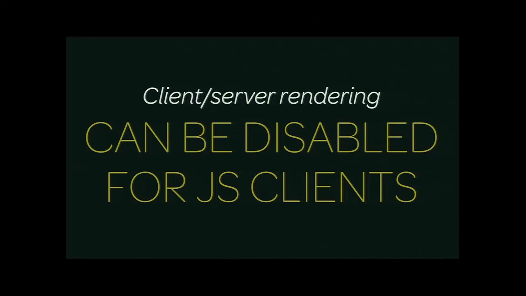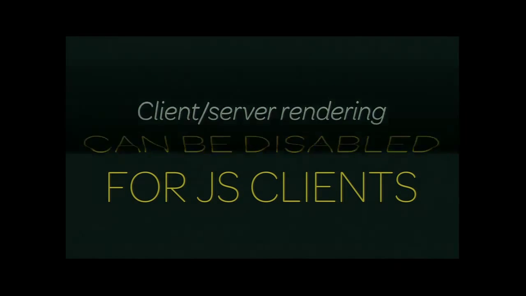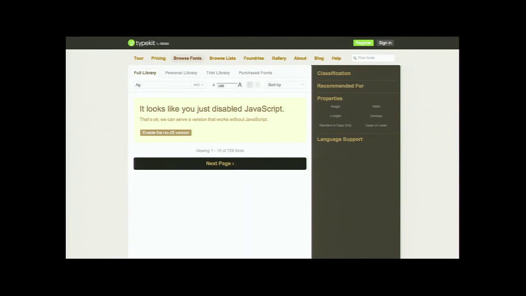Then if we detect that you have JavaScript enabled, we set a cookie that lets the server know to stop rendering server-side templates for this person. They can get an empty page because everything will be rendered in JavaScript as soon as the page hits. And if you turn JavaScript off for any reason, you'll see a page that looks like this. We left a little message in there saying you've turned off JavaScript. We'll get rid of that cookie, and you can go back to having pages rendered on the server as well.